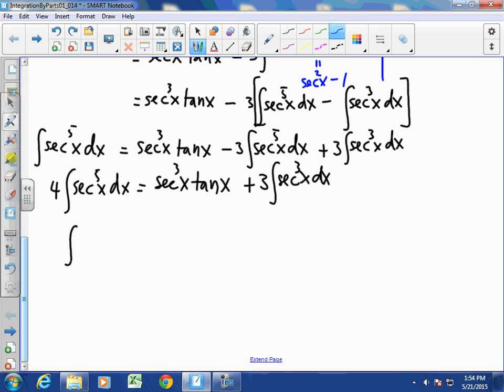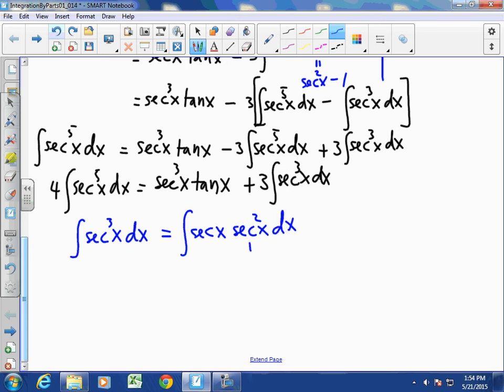The integral of secant cube x dx, we can write as the integral of secant x secant square x dx.